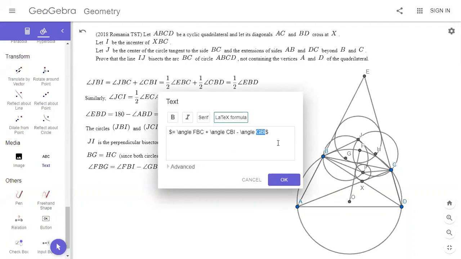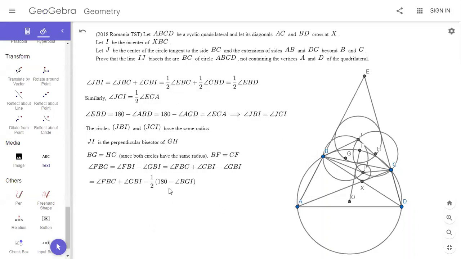So GBI is, right, and then if you distribute, that would be 90 minus half of BGI, which is 90 minus angle BJI.